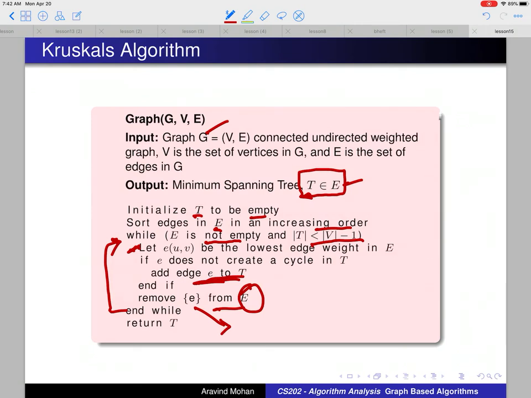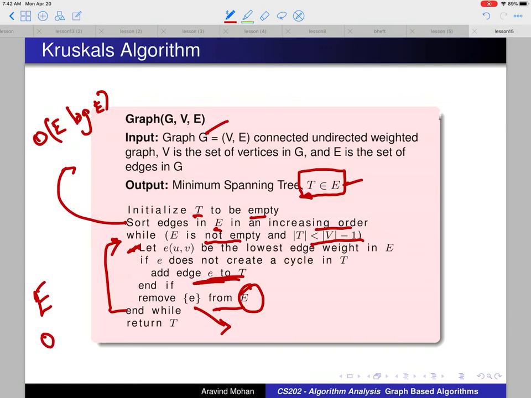In terms of time complexity, as we said earlier, the sorting procedure takes big O of E log E. And this while loop, as you can see, the maximum time that this while loop can run would be till E is empty, right?